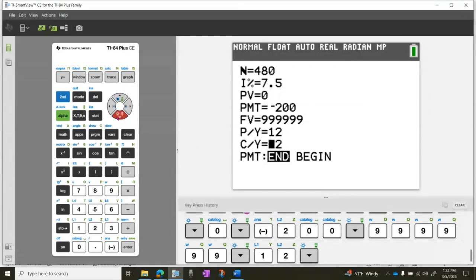The compounding period is one month, so 12 months a year, so 12. And as you can see, END is selected by default. We never use begin. Again, we never use begin. We only use end. Go back to 9999 and then solve for the future value.